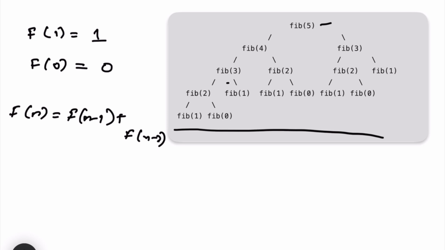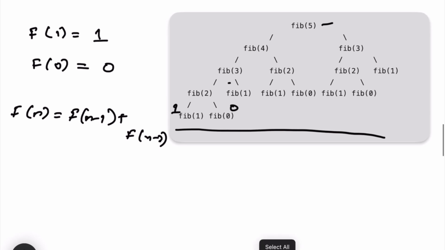So this one is 1 and this one is 0. Here both are added, so the values 1 and 0 give an addition of 1. Similarly, here it will be 1. Here the addition will be 2.